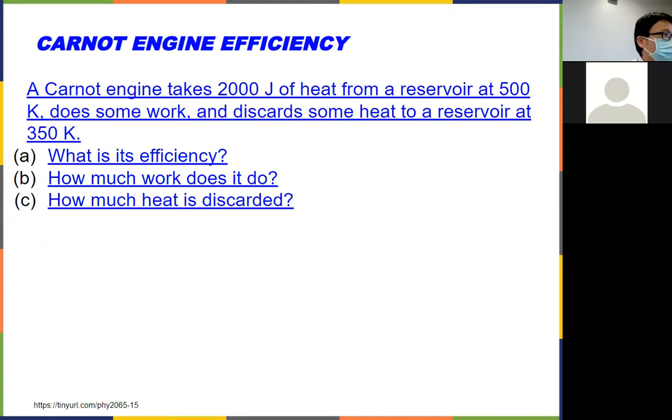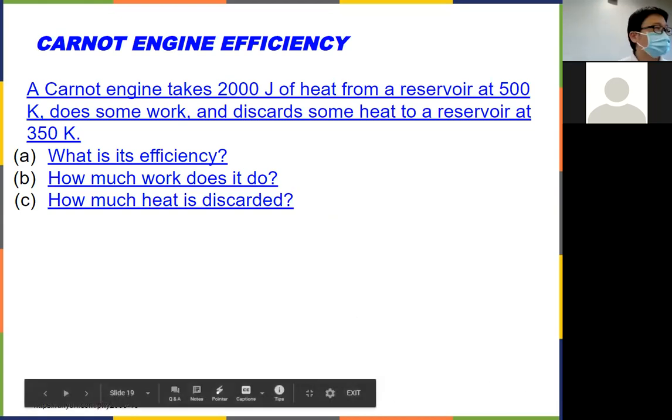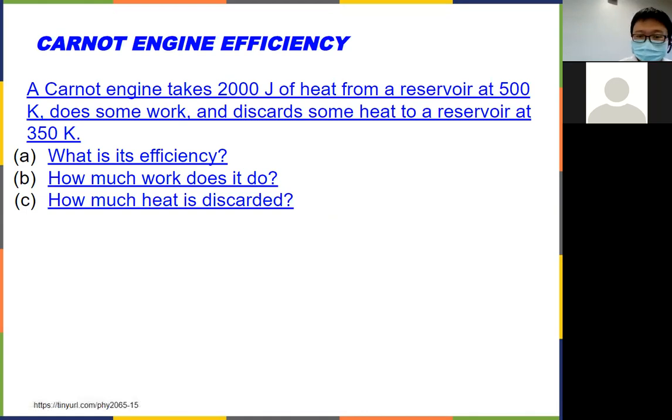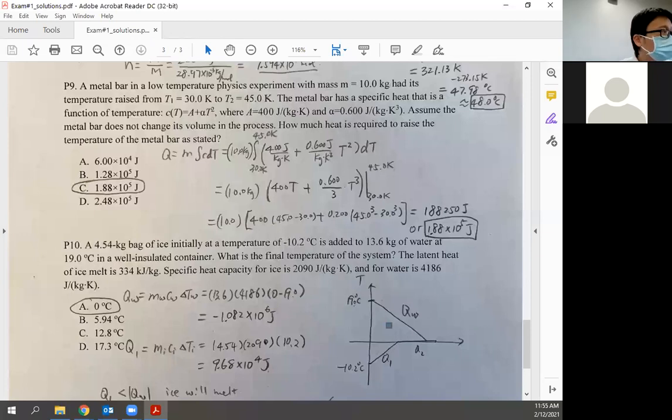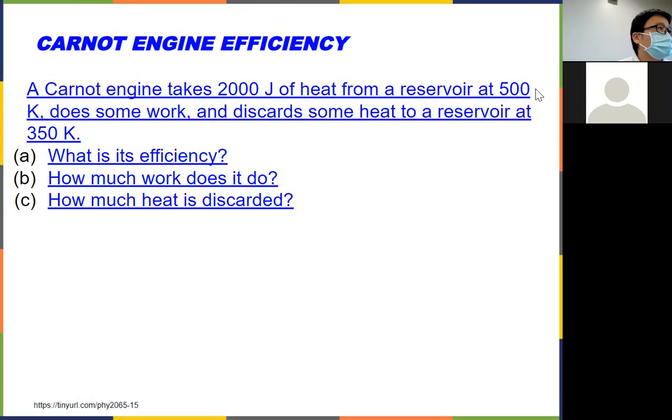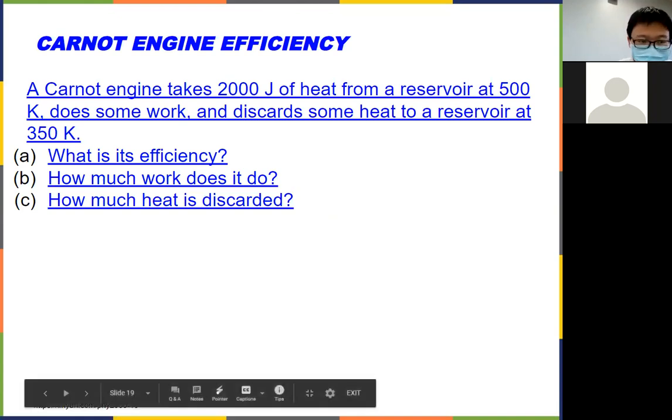And how much heat does it discard? I think you can give it a try, and then we can take a look at the solution together.